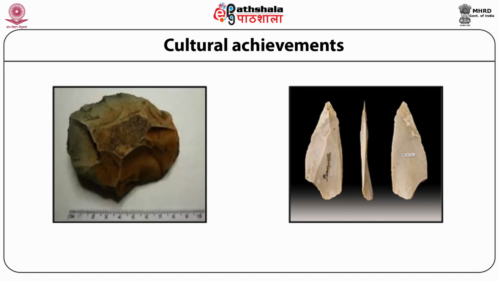For the first time, the cores were pre-shaped in order to give the flake a certain look and size. This manufacturing process is called Levallois technology, as reflected in the first figure.